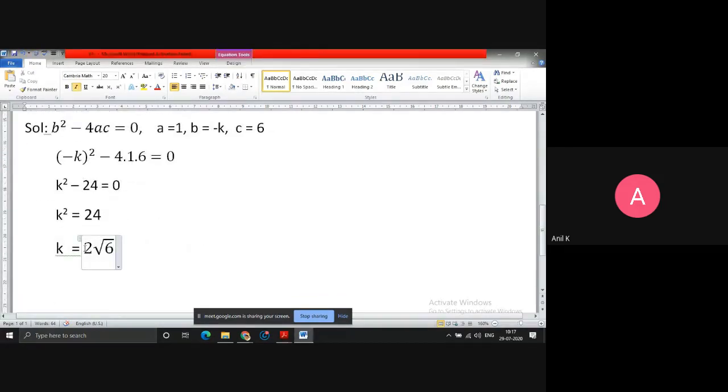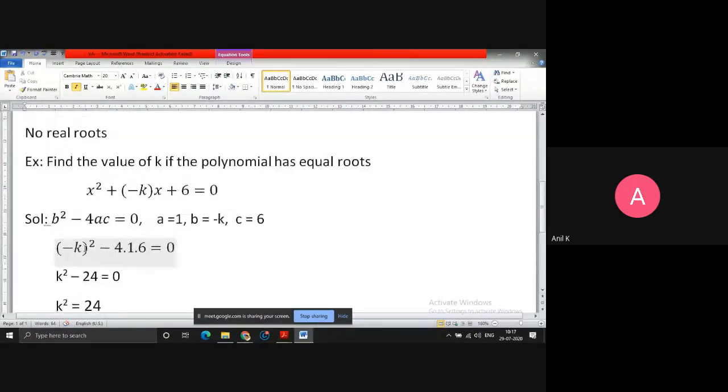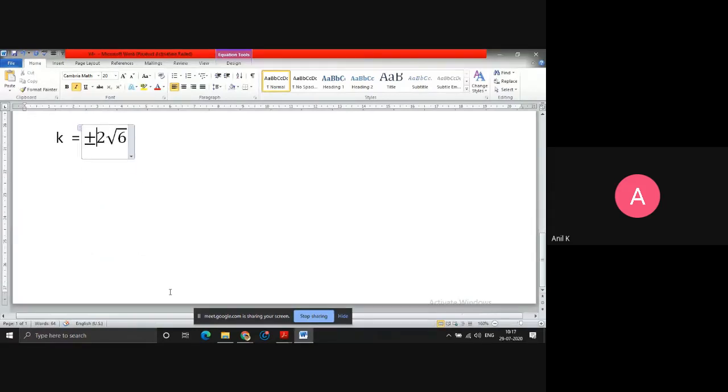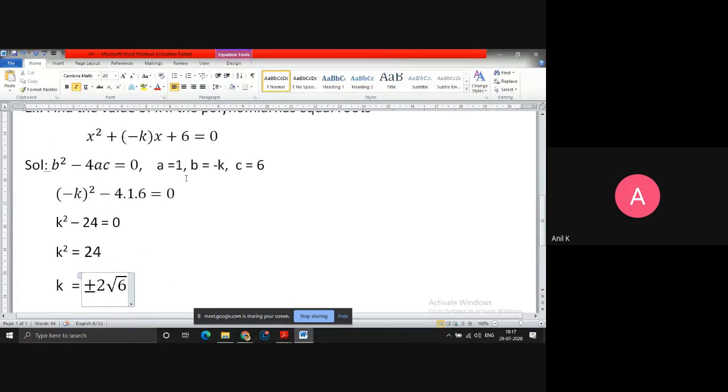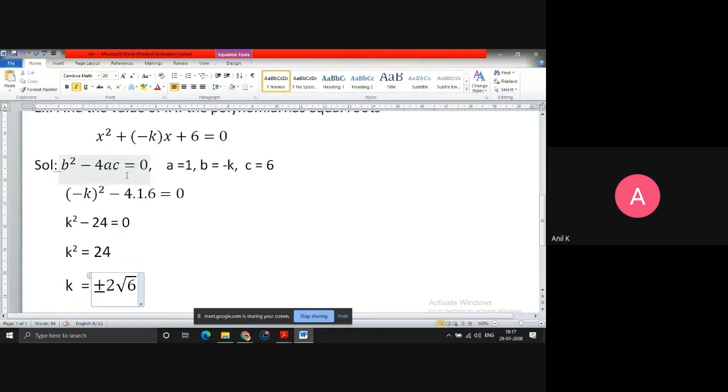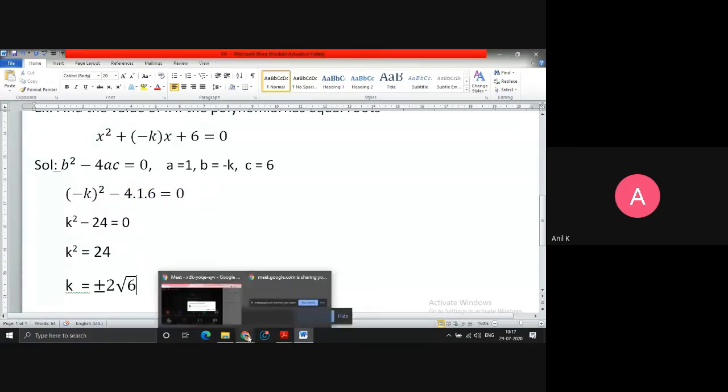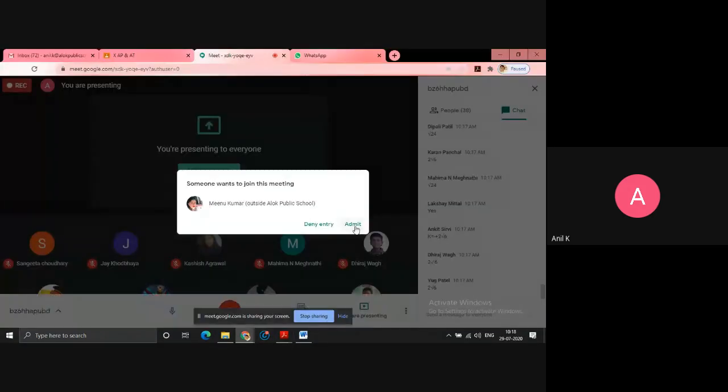Maybe you can put plus or minus also, and you check which answer is going to satisfy this one. Okay, so this is a 1 mark question. If it is given for 1 mark, then you need not do each and every step like this. If you calculate orally, you can get the answer directly. But also welcome.